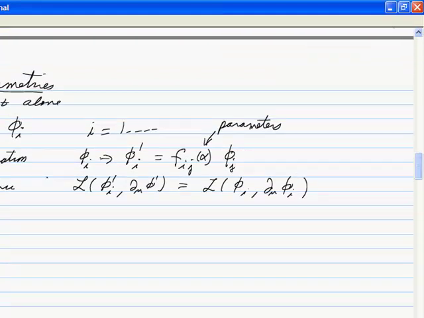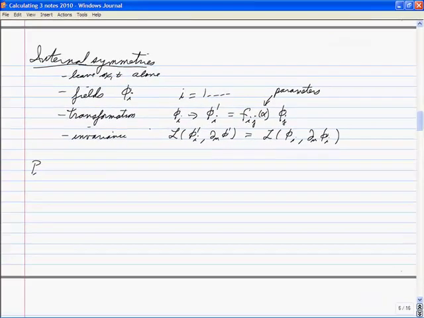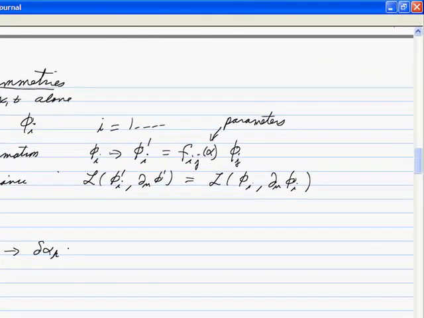So, what's the general plan? The plan is going to be that we're going to let these parameters, let me call them alpha k's, there's a bunch of them in general, turn into infinitesimal, so delta alpha k, and they're going to be functions of x.